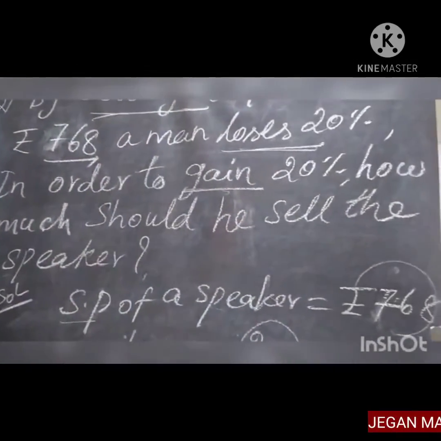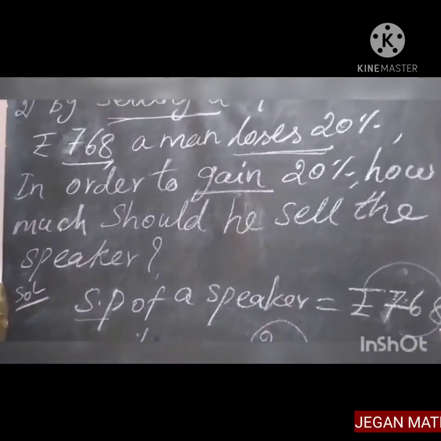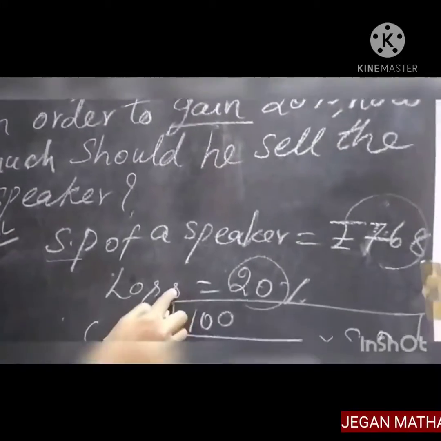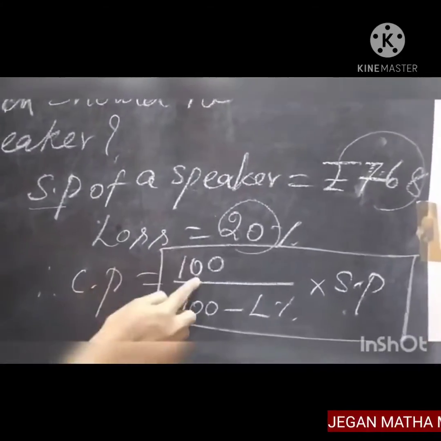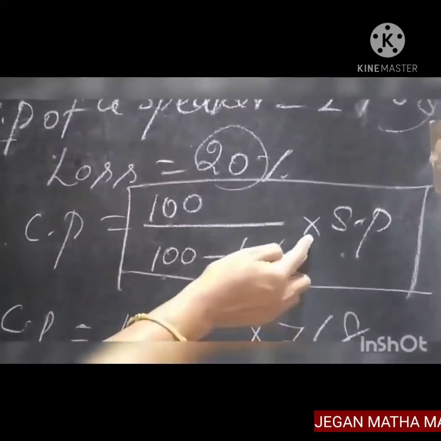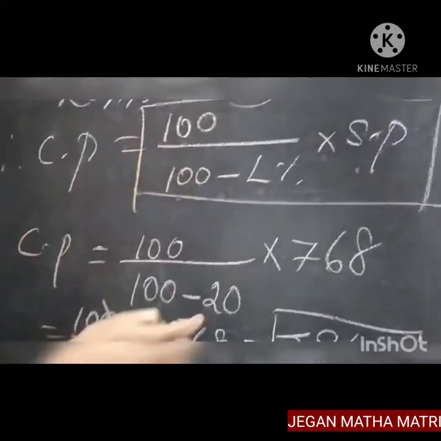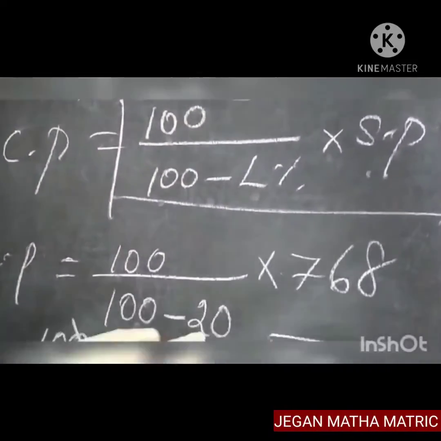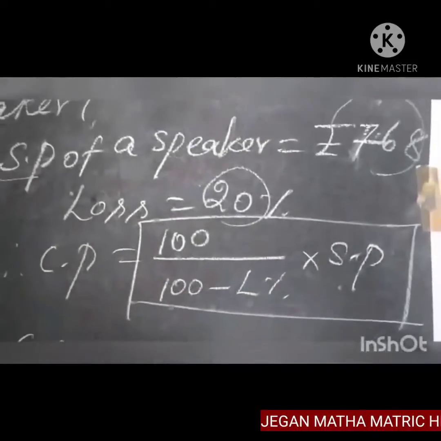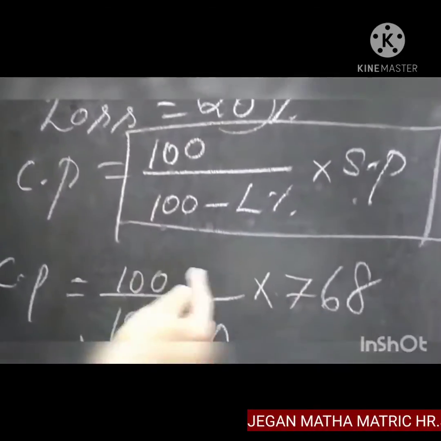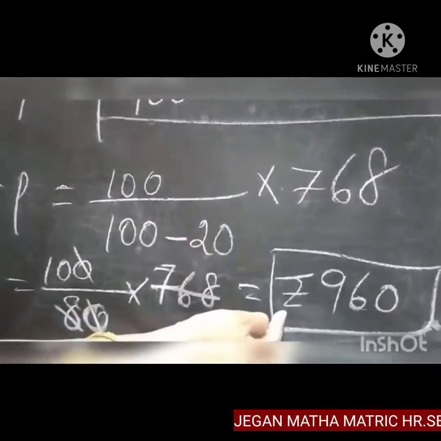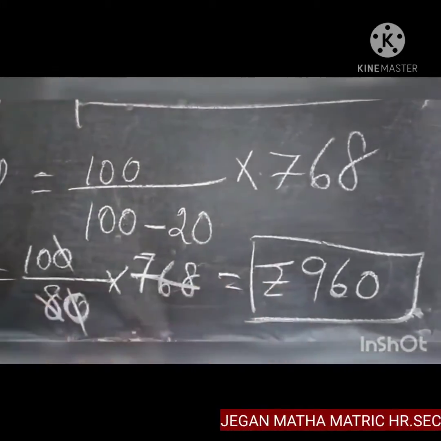So you have to find the cost price by using the formula, 100 divided by 100 minus loss percentage into SP. So 100 by 100 minus 20, where 20% is the loss, into SP which is 768. Do the cancelling, and the answer is rupees 960.